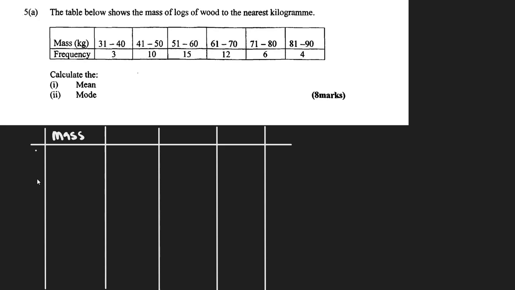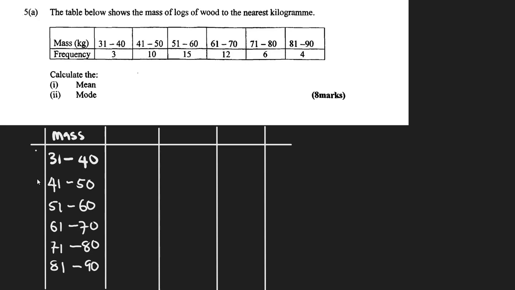We have the mass, and we have from 31 to 40. Then we have 41 to 50. Then 51 to 60. Then 61 to 70. We have 71 to 80. And we have 81 to 90. Right?